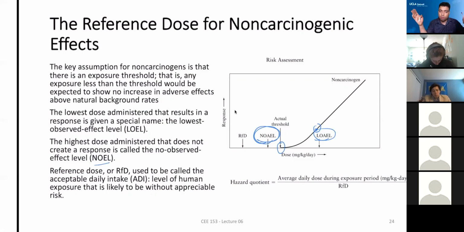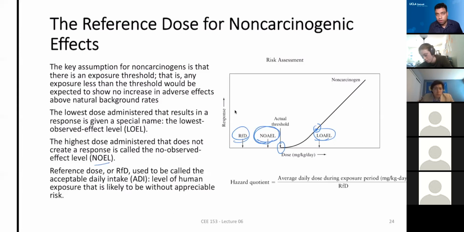Okay, once you know that, that range will determine regulations. You want to say that I want these contaminants never within that range, because you still don't know what the error is yet. So a lot of times what people do is use a reference dose, or RfD. That's basically the acceptable dose, because it's way below that no-response level.